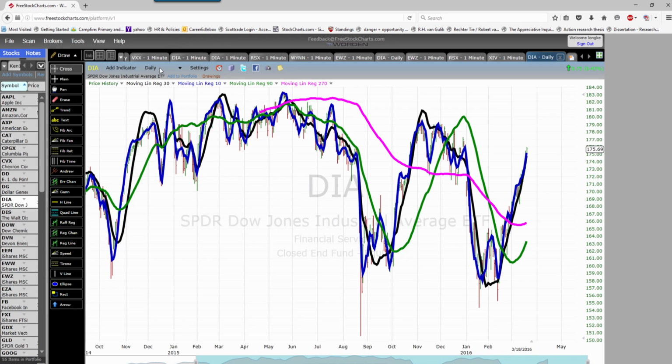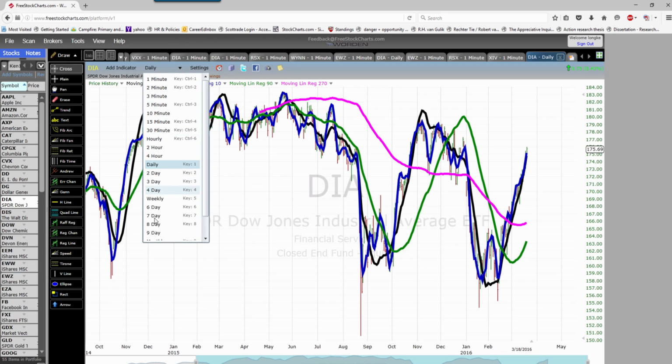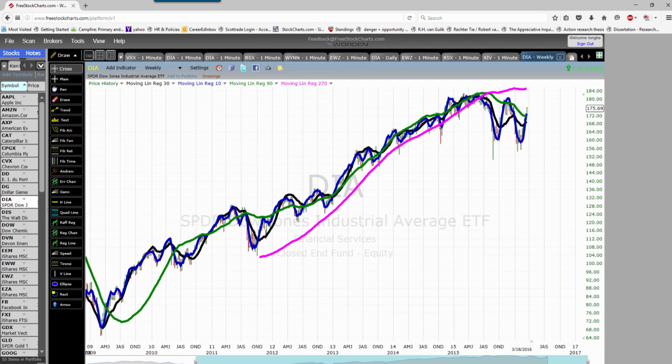We can go out and look at weeklies, much longer term, and now we're looking at 6 or 7 years, and you can see how the long-term fair value is still pretty high, but starting to peak.